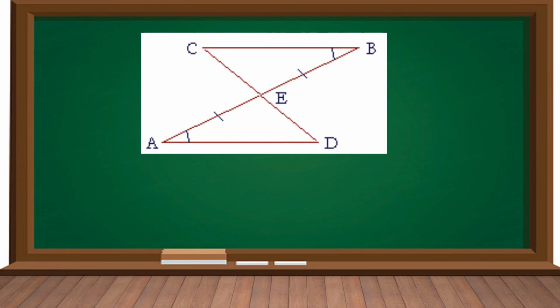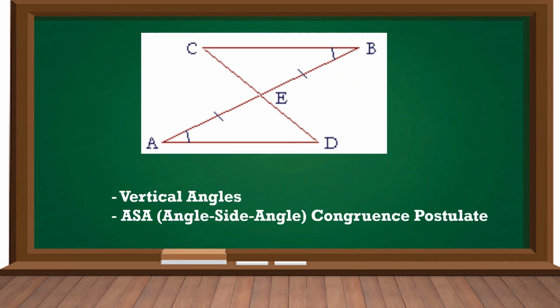We will now proceed to our third figure. We have triangle CBE and triangle AED. In the figure, we observe that the two triangles have a common vertex, and that vertex is the vertex E. First observation, we have angle CEB and angle AED to be vertical angles.